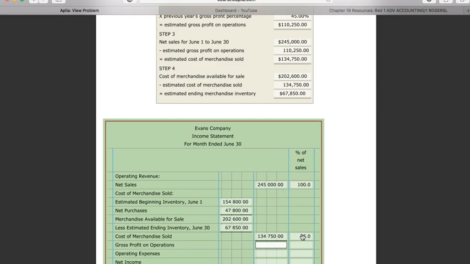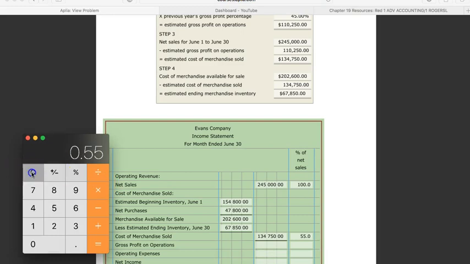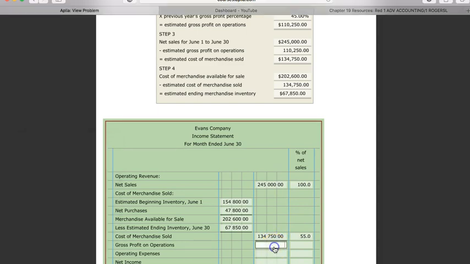All right, now our gross profit on operations. That's just going to be our 245 minus our 134,750. That's not right. 134,750, and that's going to give you your gross profit on operations. Gross profit is your net sales minus the cost of merchandise sold, and that amount is $110,250.